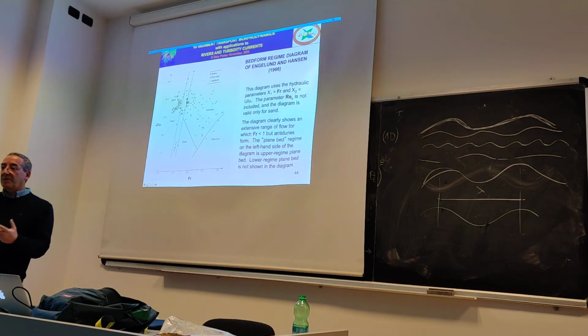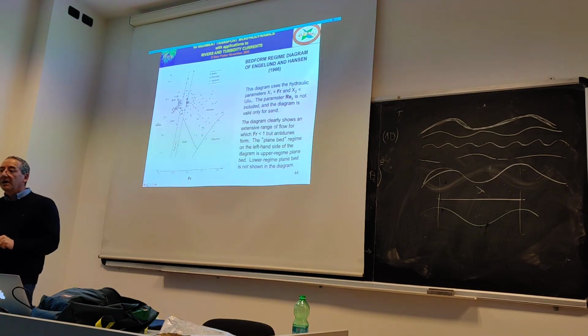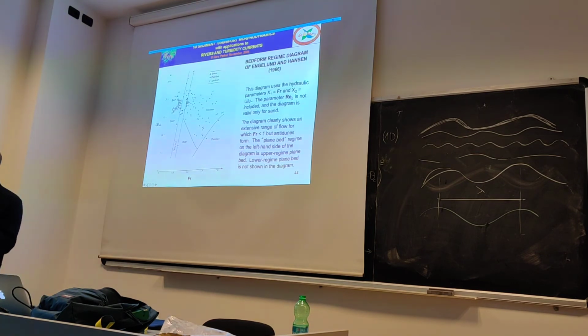The space of the parameters is typically non-dimensional. I will introduce that in a moment. When you study these things, you want to have parameters that are not dimensional, that are just numbers, like the Froude number or whatever.